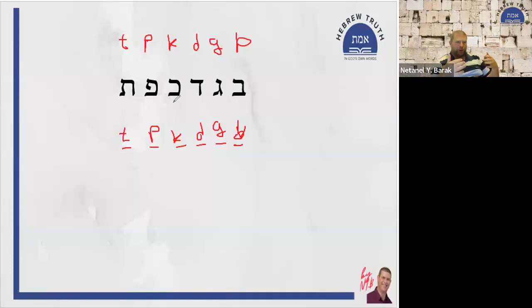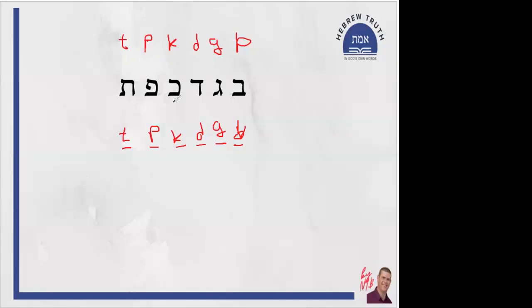And it is further complicated, because that is the indication of a strong dagesh, a dagesh that is added in different circumstances, because if it's following a vowel, I know it's not the weak dagesh. Okay?